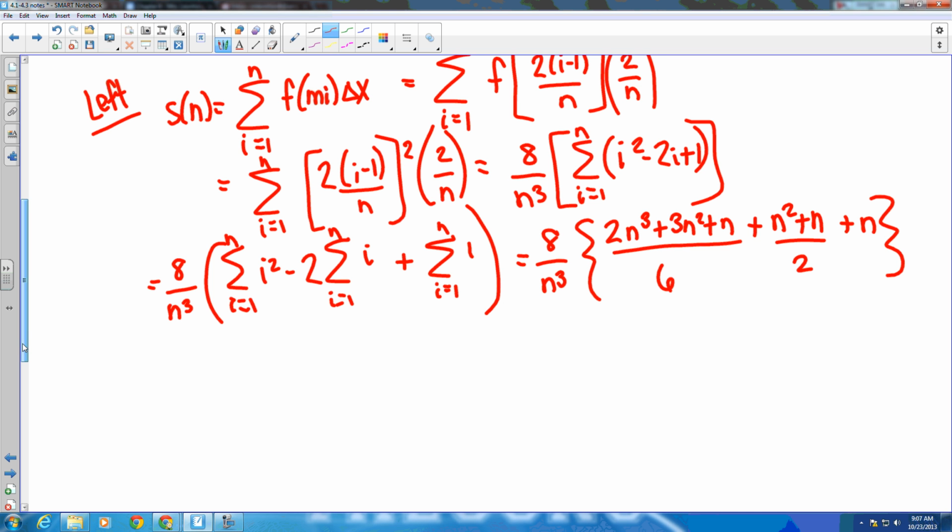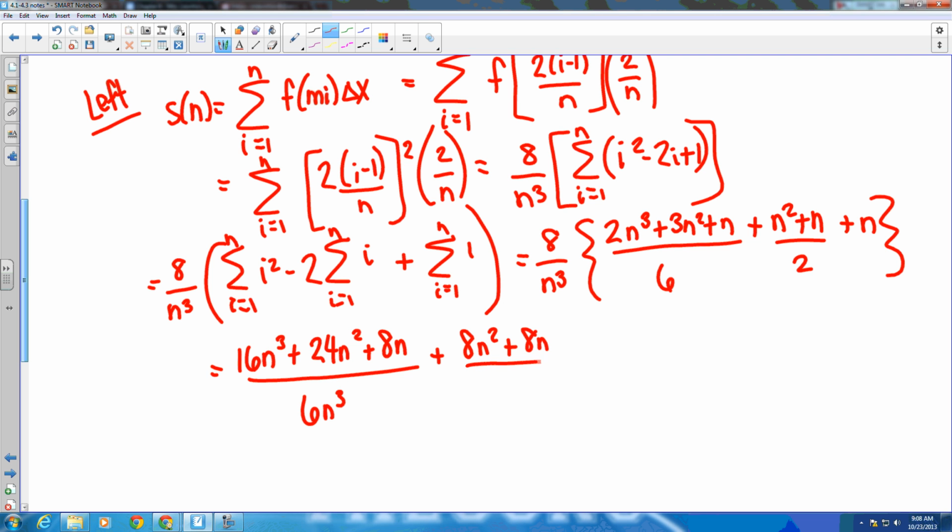We could distribute the n cubed into every term and the 8 into every term: (16n cubed plus 24n squared plus 8n) over 6n cubed, plus (8n squared plus 8n) over 2n cubed, plus 8n over n cubed. And then we can simplify.